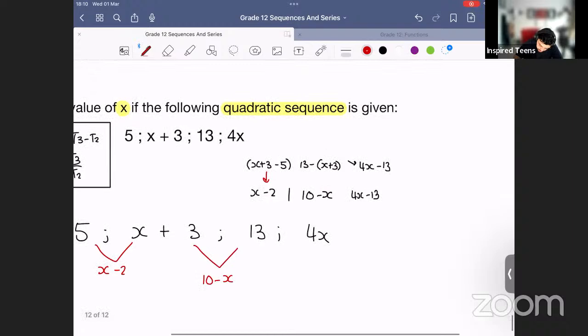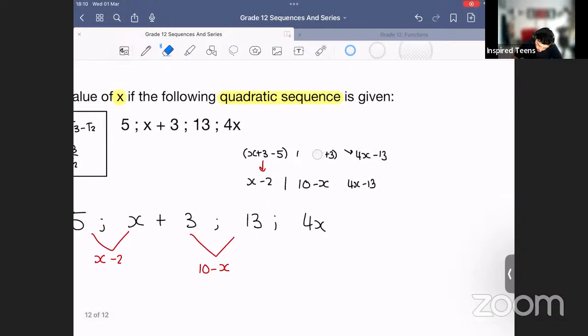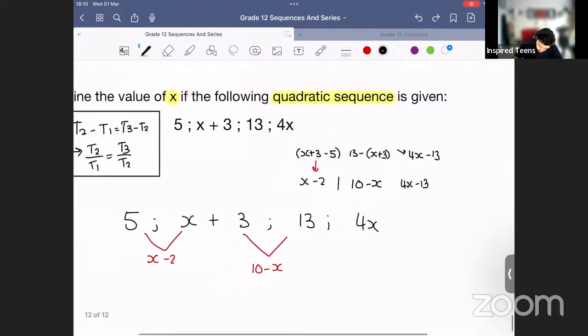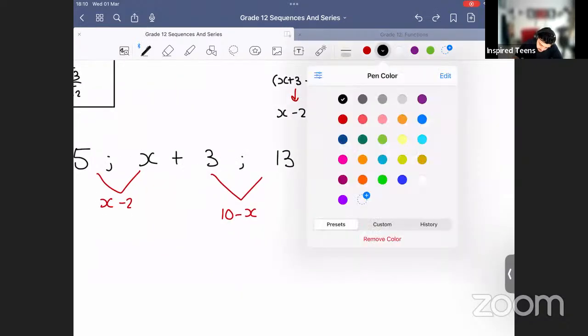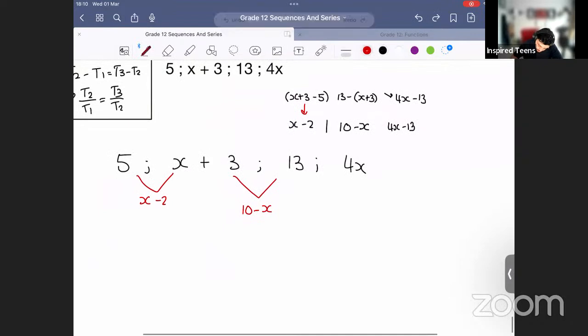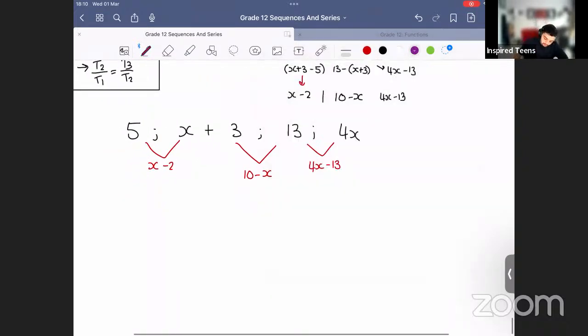Wait, no, this is wrong. Sorry. Oh, no, it's right. It's right. It becomes 10 minus x, and this becomes 4x minus 13. So this is our layer of first differences, remember. We're utilizing that same concept either way.